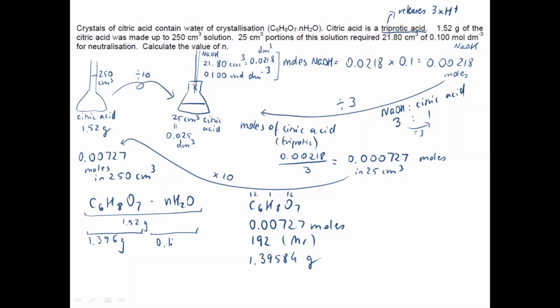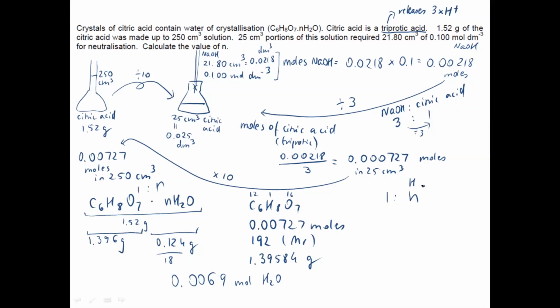It's 0.124 gram. What's the number of moles of this water? I can do 0.124 gram divided by 18, which is the Mr, and that gives me 0.0069 moles of H2O.